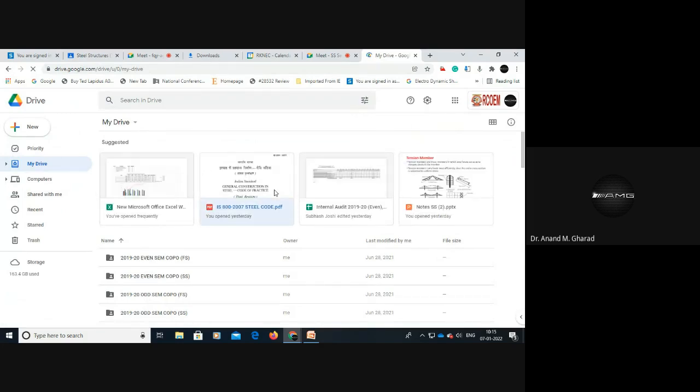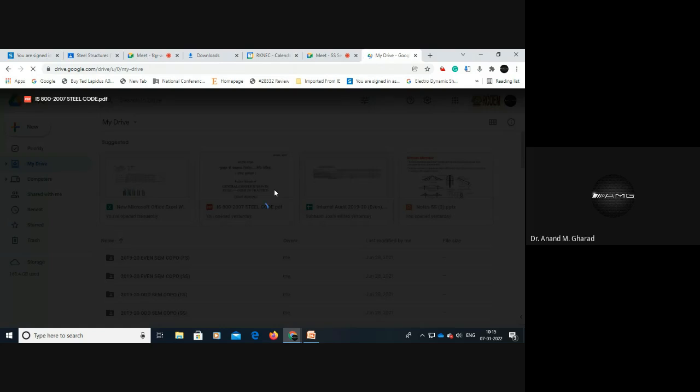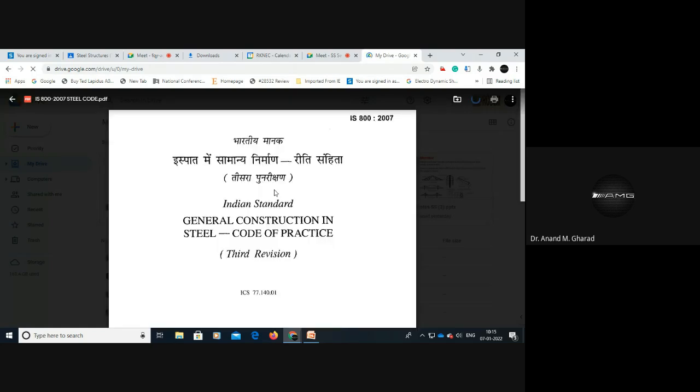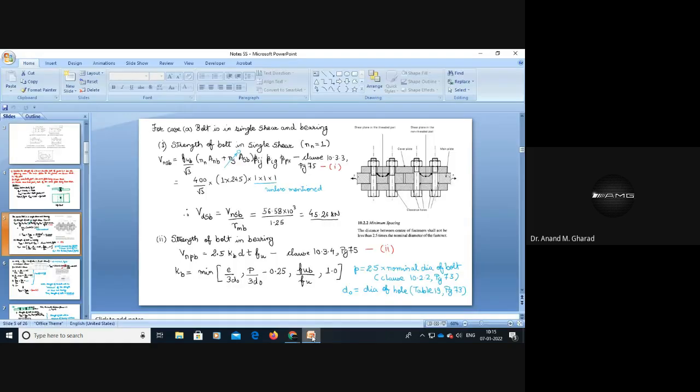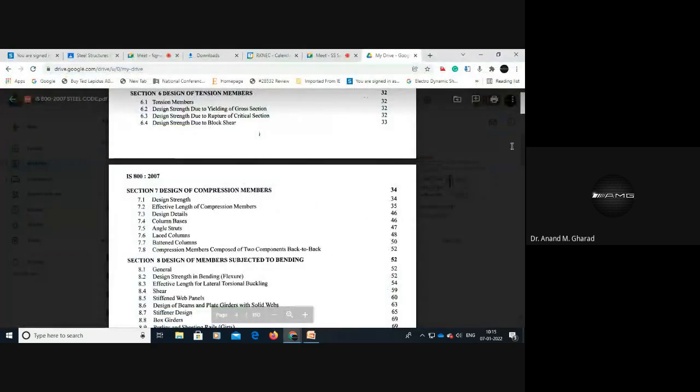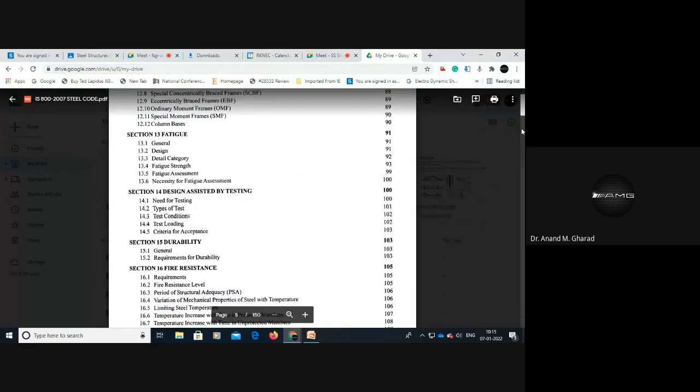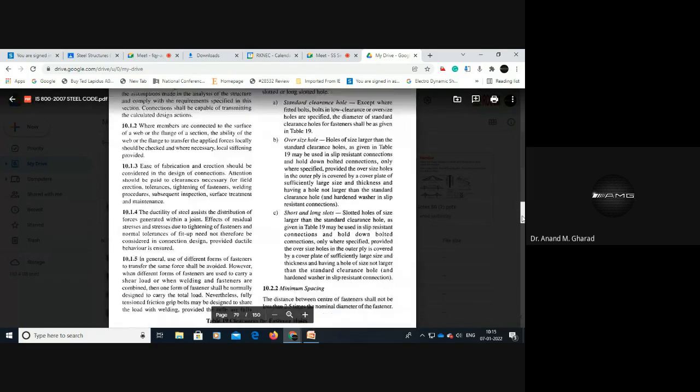I will also show you the exact page number and the exact formulation. So this is on page number 75, the formulation to calculate the strength of the bolt in bearing condition. Okay, so let us see that.